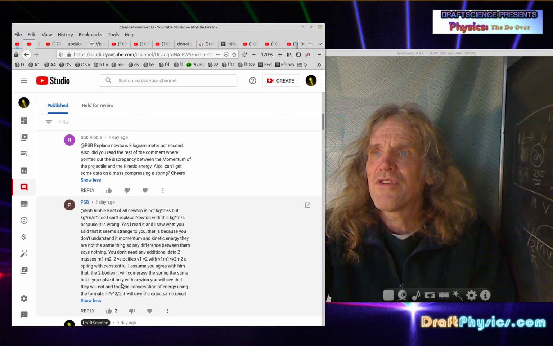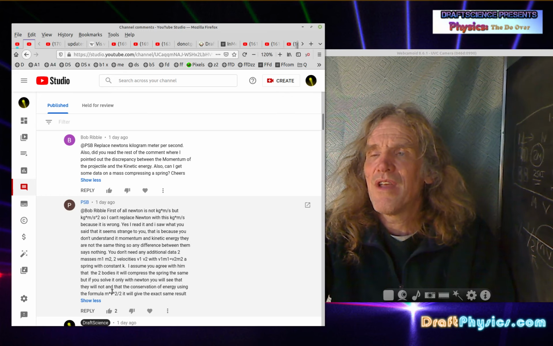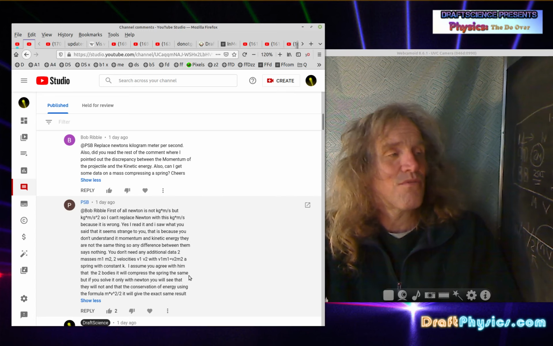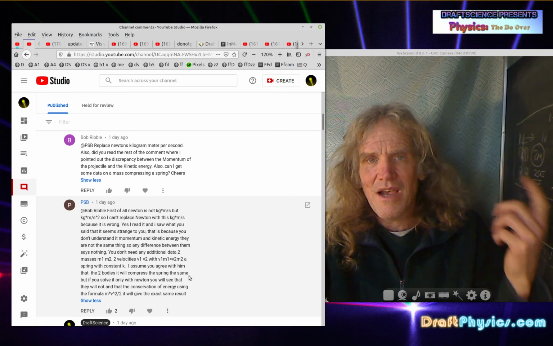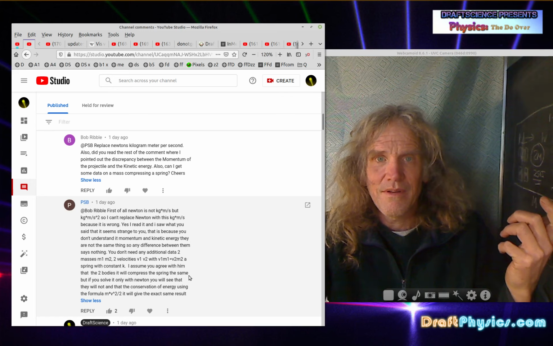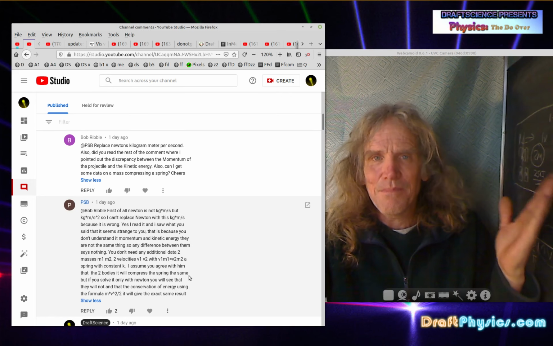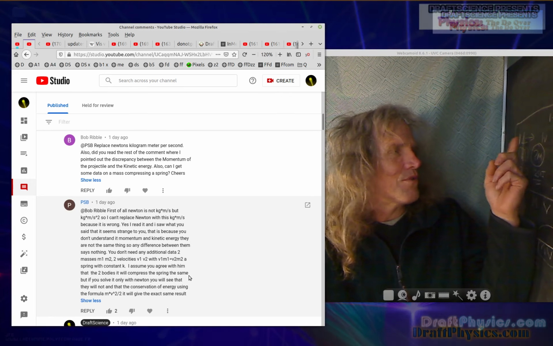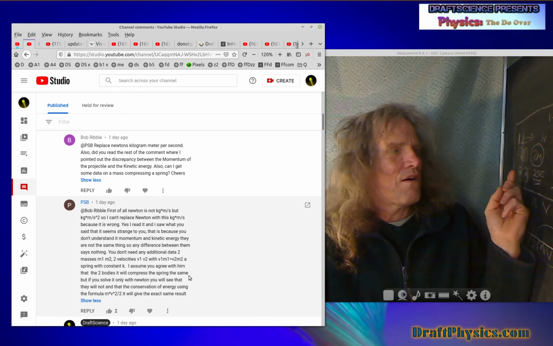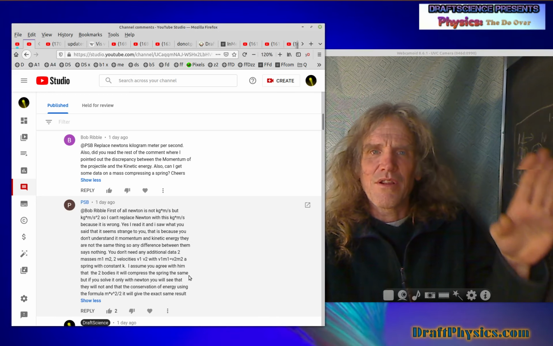Okay, but if you solve it only with Newton, you will see that they will not. And the conservation of energy using the formula, so he just does it again, will give the exact same result. So he's disagreeing with what you can't disagree with. As I just pointed out, it creates an insane paradox where all I'd have to do is create a system where a heavy thing is replaced with a lighter thing.